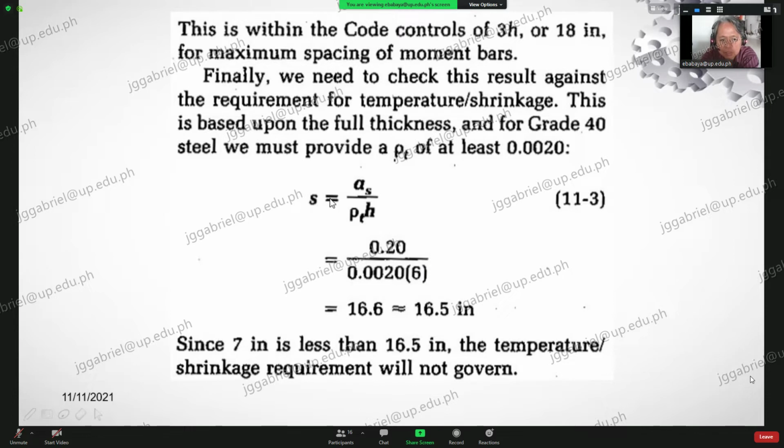So therefore, s is equal to As, the area of your designated temperature and shrinkage reinforcement, that's 0.20 all over 0.0020 times 6. So what you get is 16.6. Now you have to round it down to the nearest 0.5. Now it says since 7 inches is less than 16.5, shrinkage requirement will not govern. Okay.